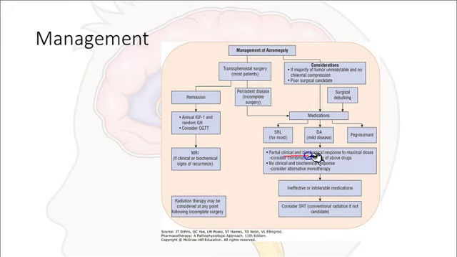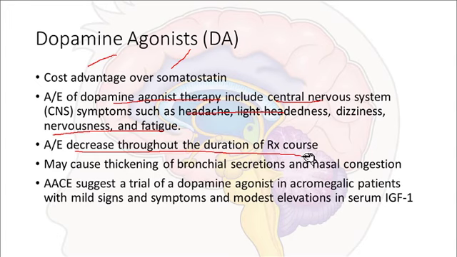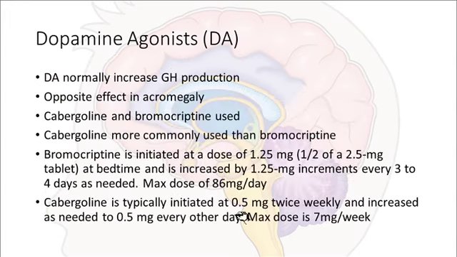A lot of patients tend to feel this way with the dopamine agonist, particularly when they take cabergoline, because we have to start off at 0.5 milligrams twice a week and then increase the dose to 0.5 milligrams every second day with a max dose of 7 milligrams per week. They tend to suffer a lot with lightheadedness, dizziness, and fatigue as well. So you need to remind them that these are the adverse effects you could experience, and that the longer you take the medicine, the less likely you are to experience them.